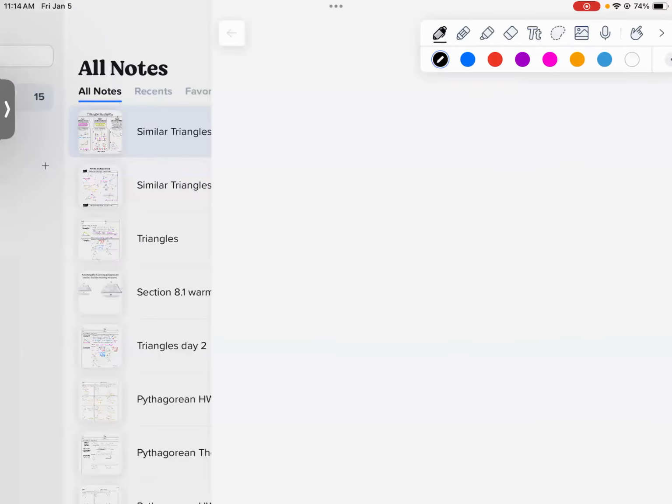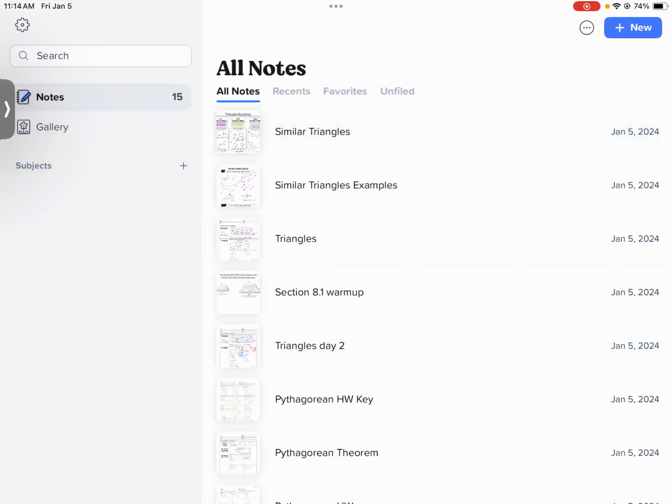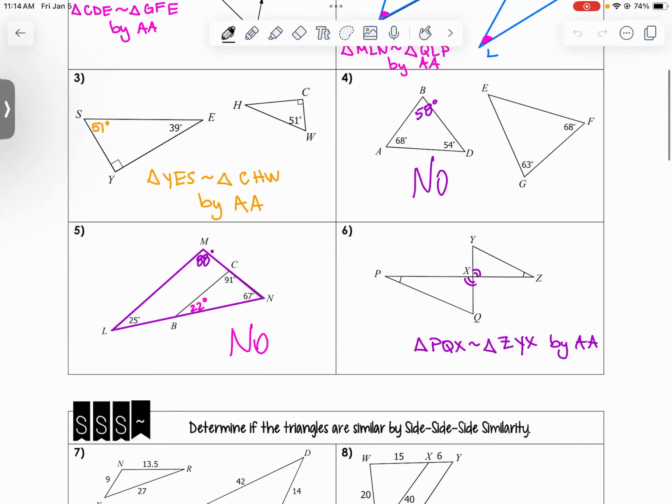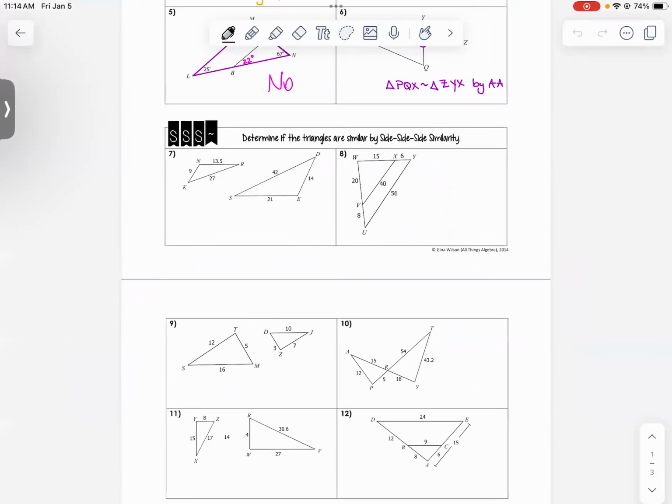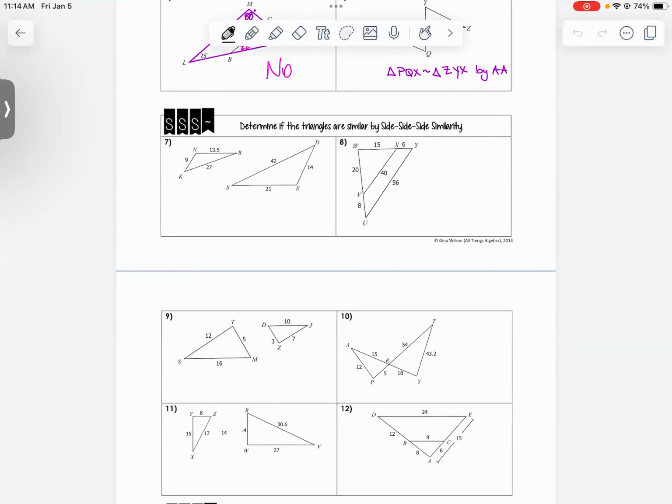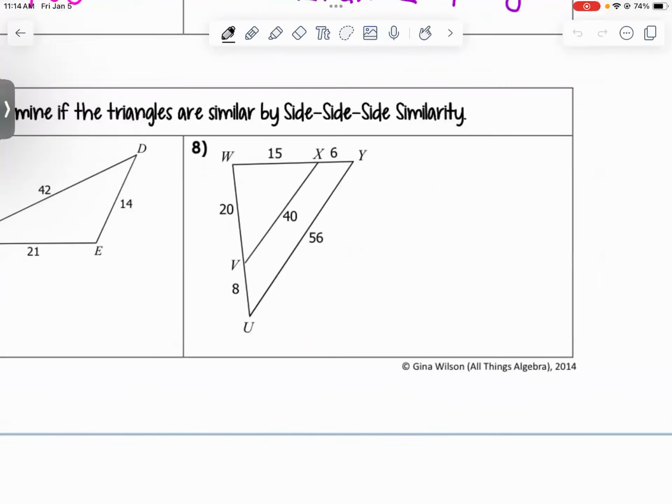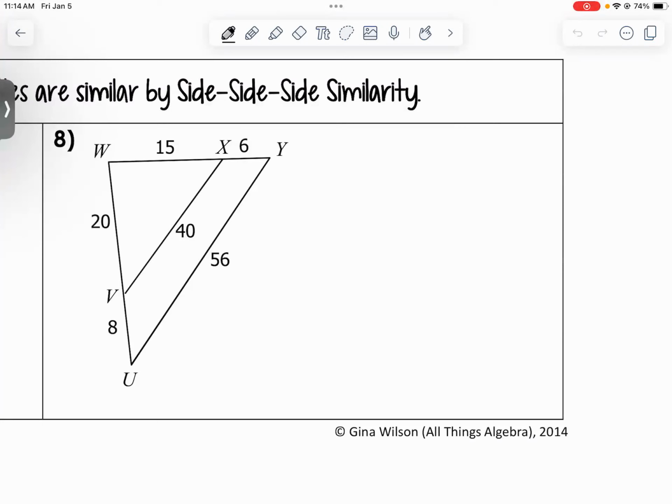All right, so we're going to go back to page 4, and technically 5. I want to highlight a couple of these. Number 8. Here's that triangle within a triangle that our eyes are having a hard time with.